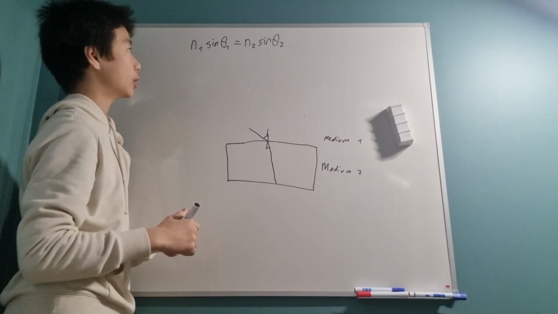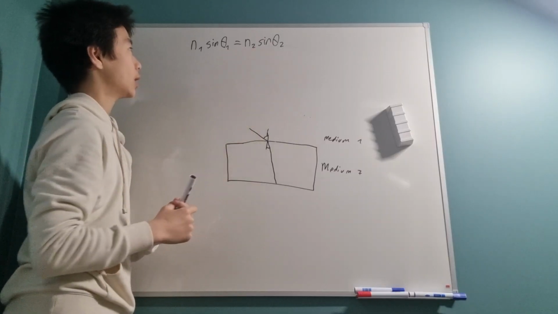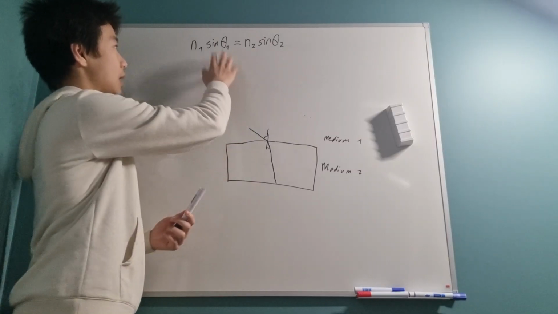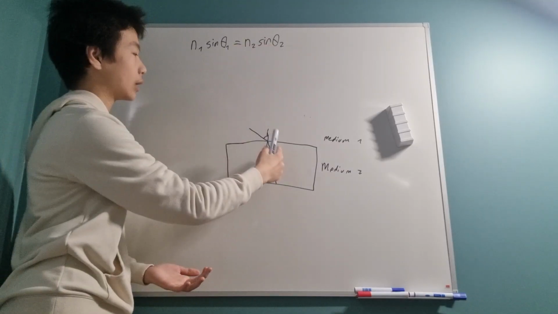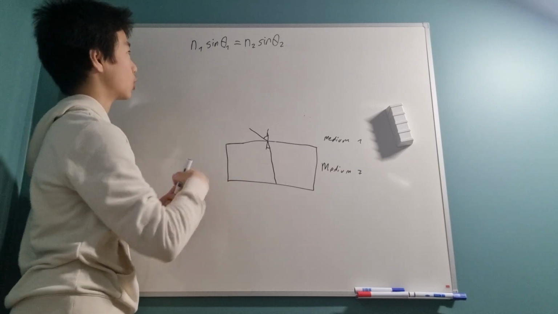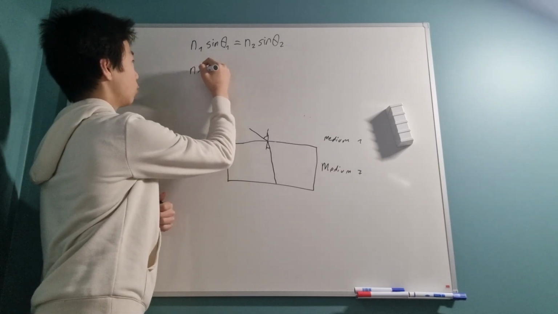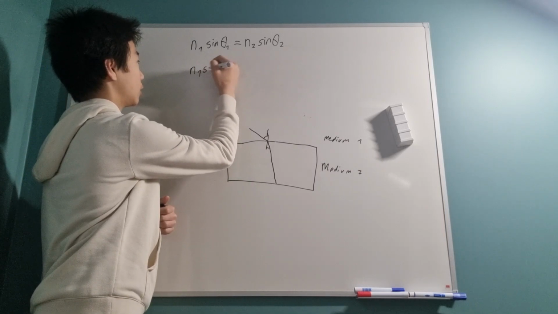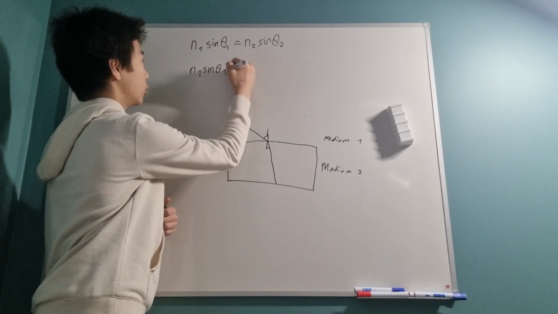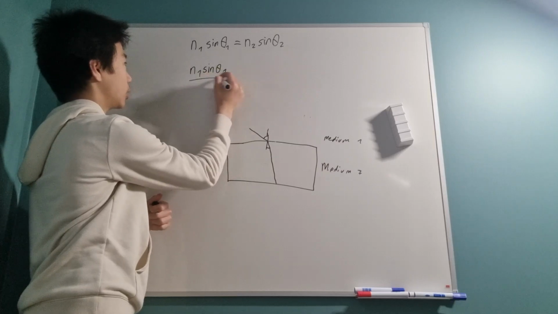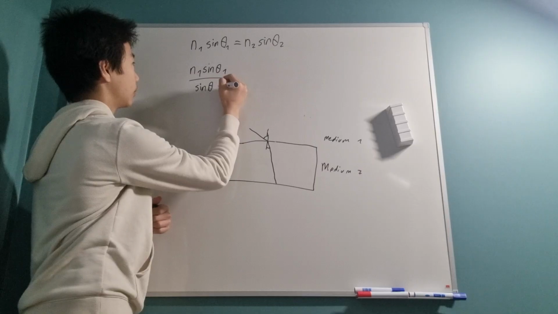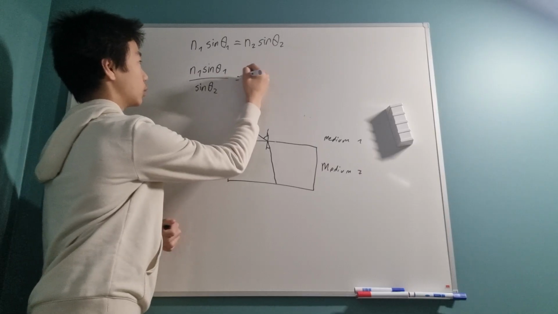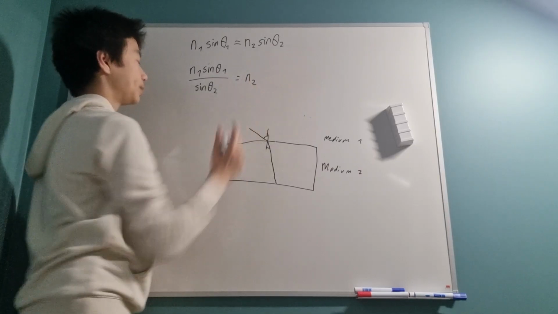So what you do here is isolate it by dividing by the sine of the refracted angle in the second medium. So it basically becomes n1 sine theta 1 divided by sine theta 2 equals n2.